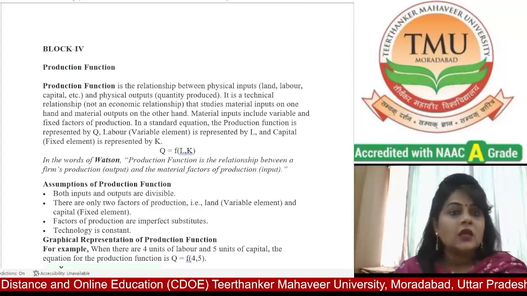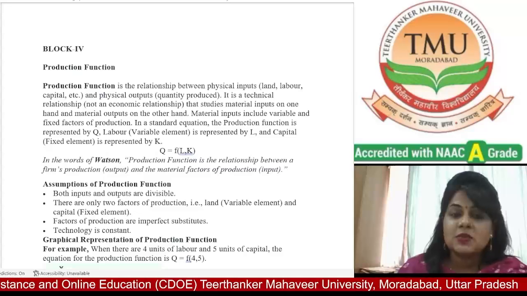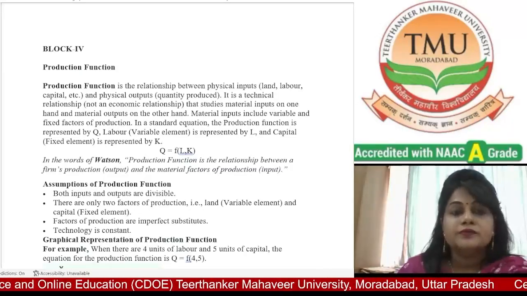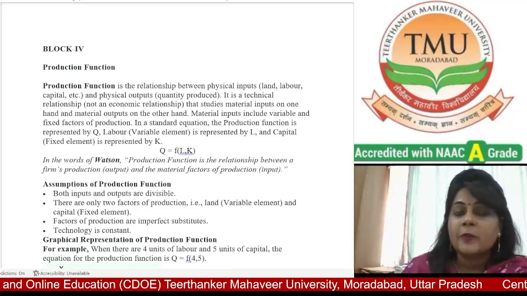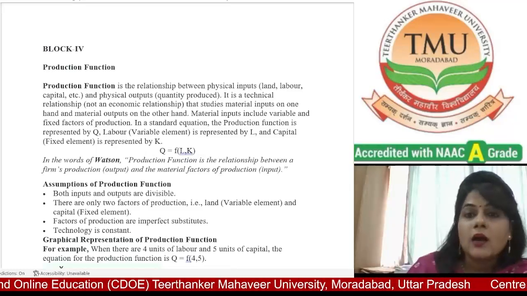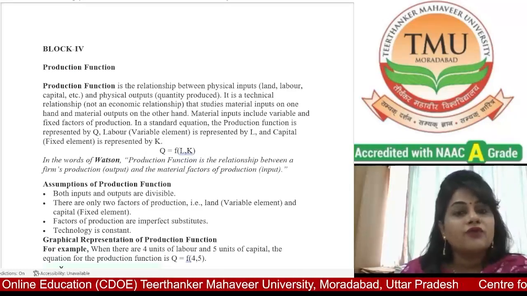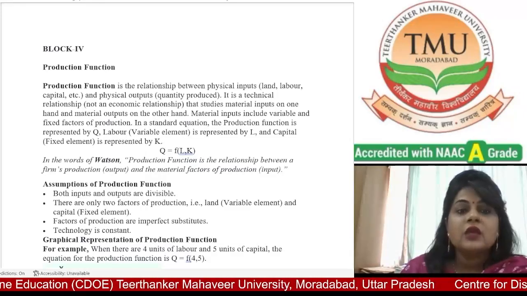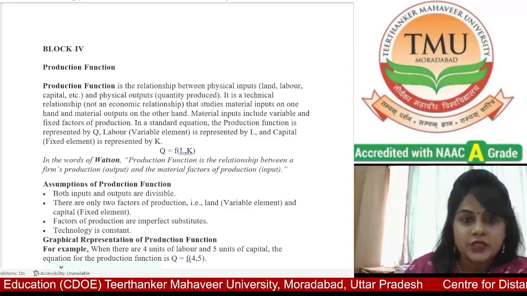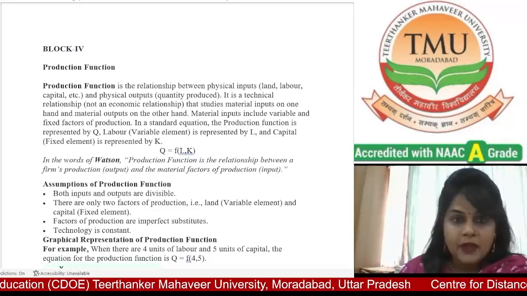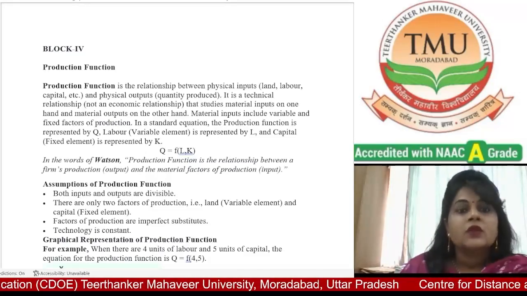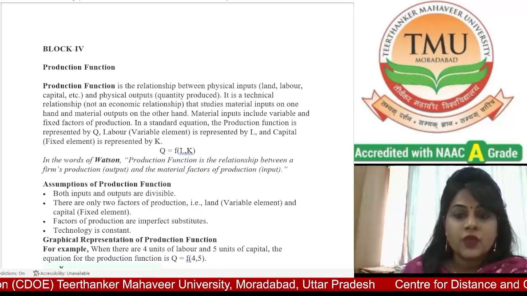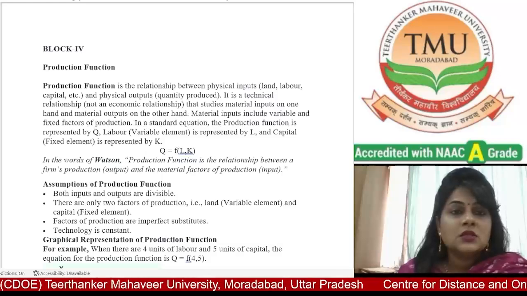You can see there that it can determine the maximum output for a certain price, and a producer can represent it by a graph and use the formula Q is equal to f(K, L). F is the functional relationship, K is capital, L is labor. So here are some assumptions of the production function.